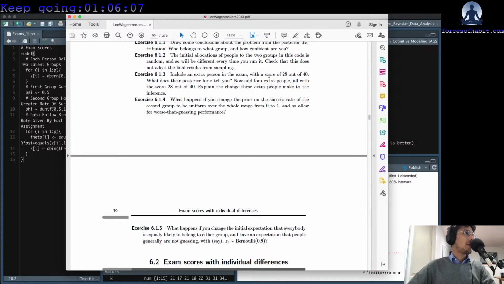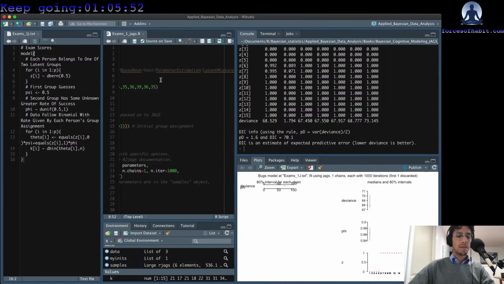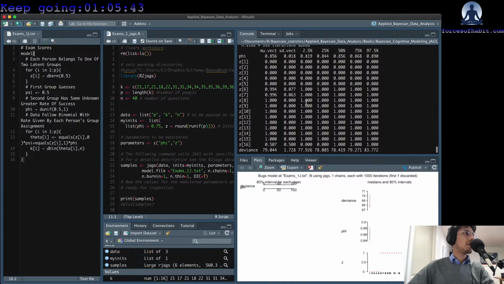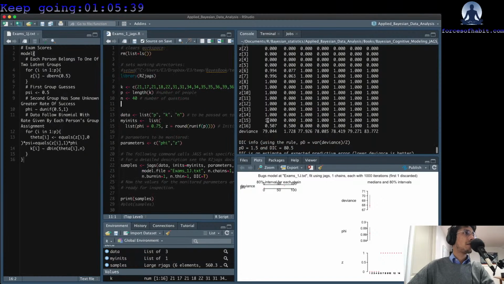Include an extra person in the exam with a score of 28 out of 40. What does their posterior for z tell you? Now add an extra 4 people. All right, so let's take a pick. We got someone who scored 28 now. It doesn't know where to put them. It's like it could be either or.